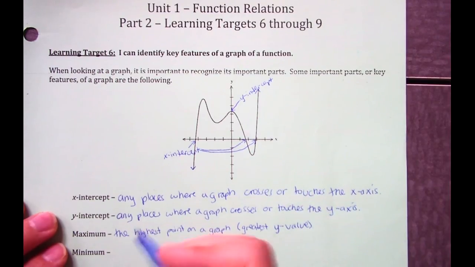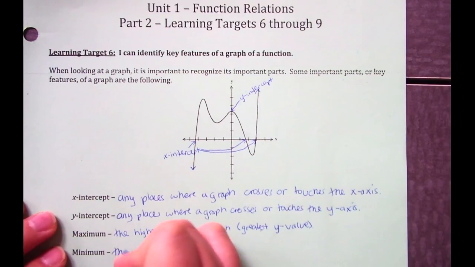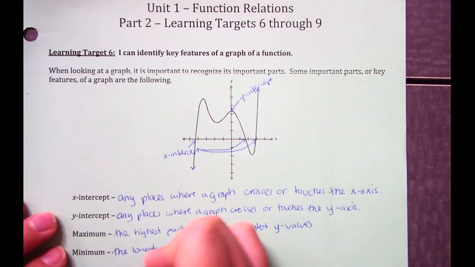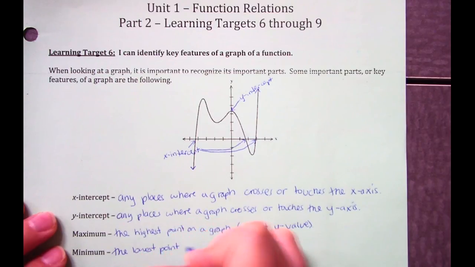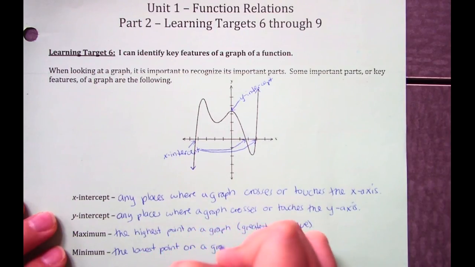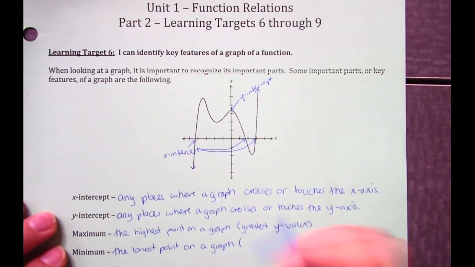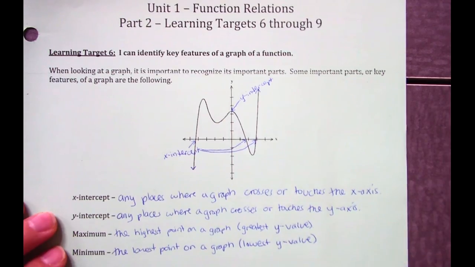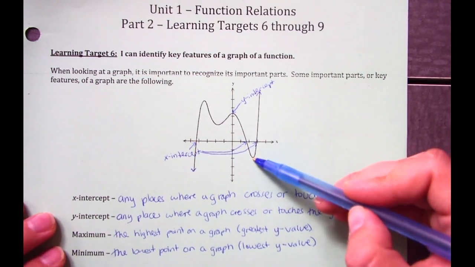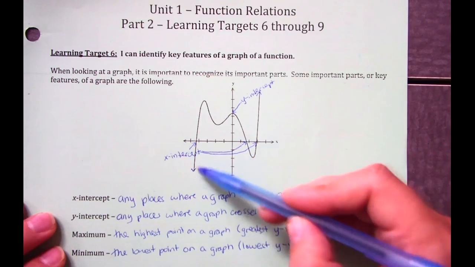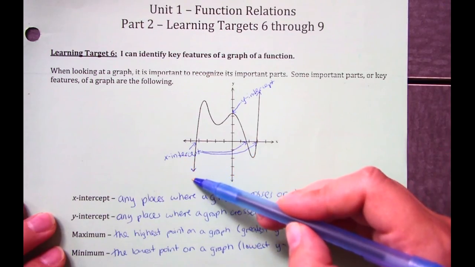The minimum point is the lowest point on a graph, the lowest y value. So again, even though this seems like it might be the minimum, it actually is not because this x over here goes lower.